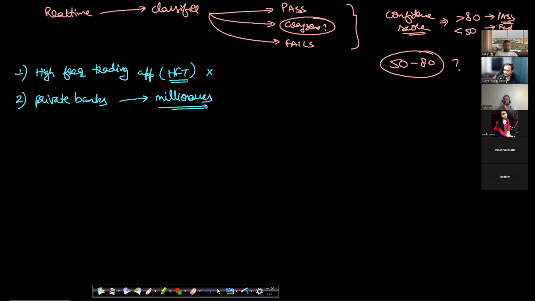But if you think in terms of billionaires or multimillionaires, where big volume transactions are taking place, 1 crore rupees, 2 crore rupees, $1 million, $2 million, then even if you make one wrong mistake, it will become big news and your company stocks will fall. Your company can be in trouble. Your company may not be seen as reliable.